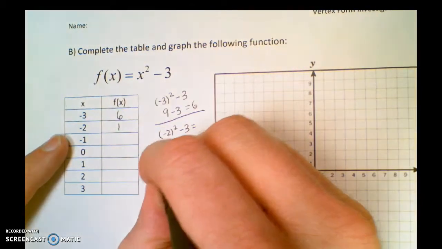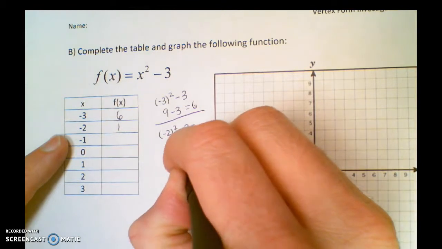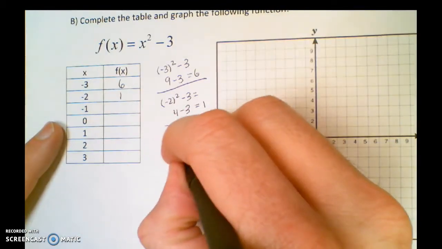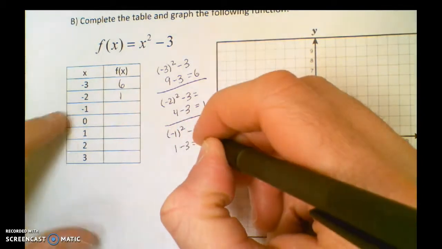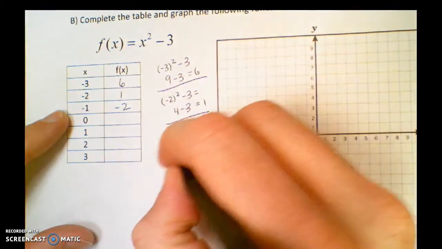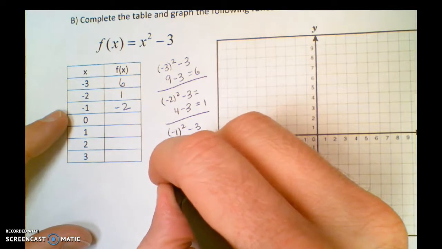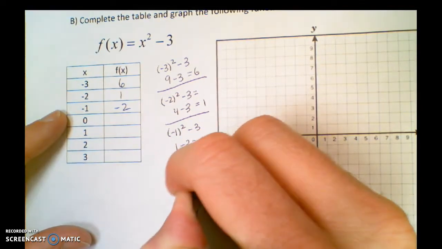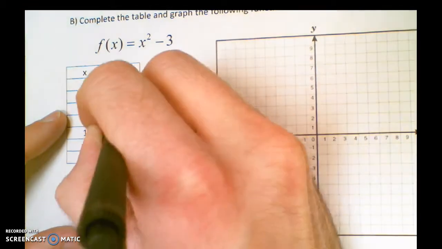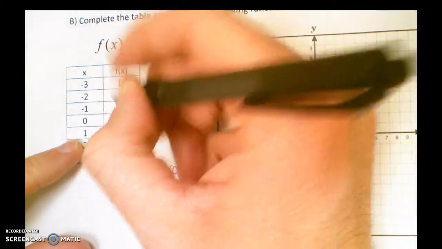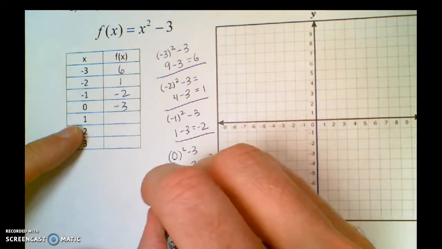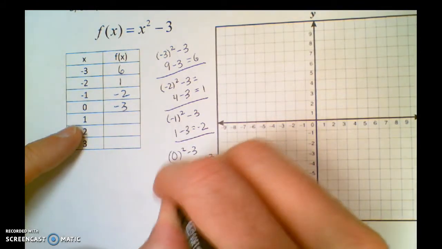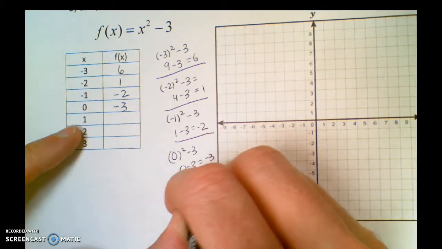Now I'm going to plug in -1 squared minus 3. -1 squared is 1. Minus 3 is -2. Plugging in 0. 0 squared minus 3. 0 minus 3 gives me -3. Plugging in 1. 1 squared minus 3. 1 squared is 1.